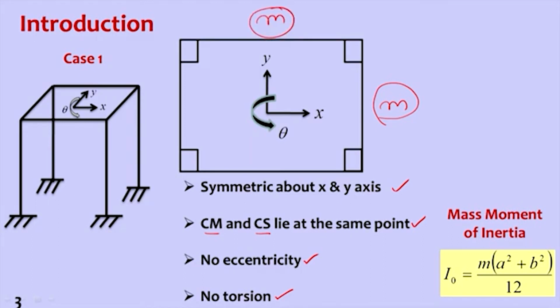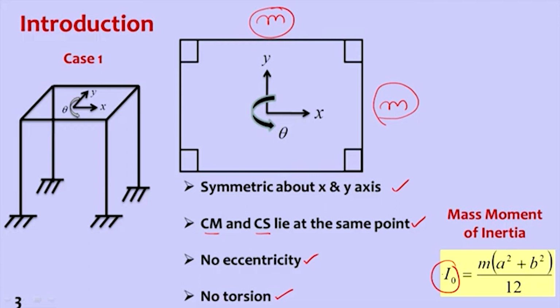But if it is rotating, all the points are not at the same distance. When I translate in x direction, all the points move with the same amount of displacement. But when it rotates, all the points are not moving with the same displacement, but they are moving with the same amount of angular rotation. That's why we consider mass moment of inertia for that.